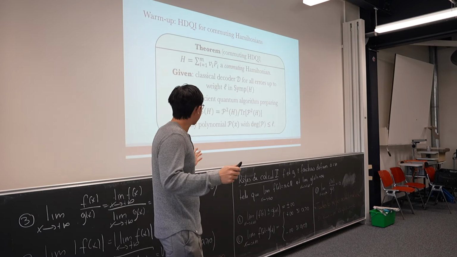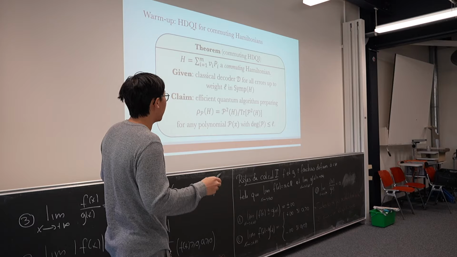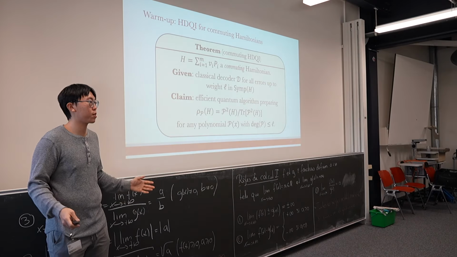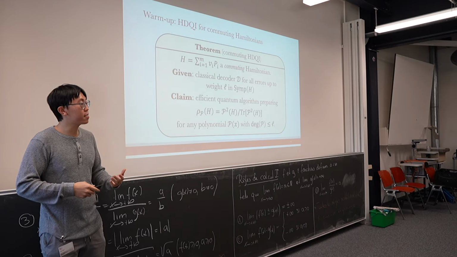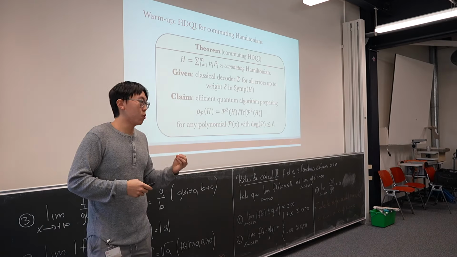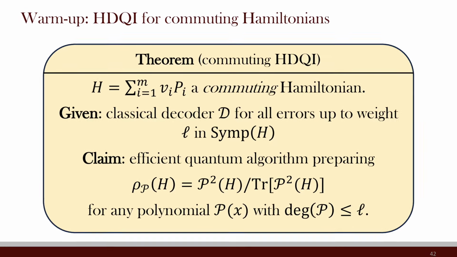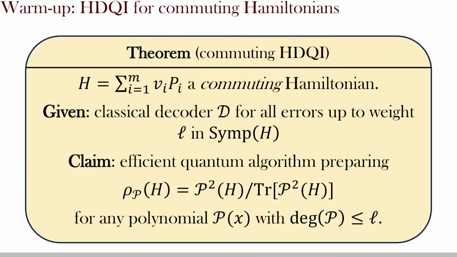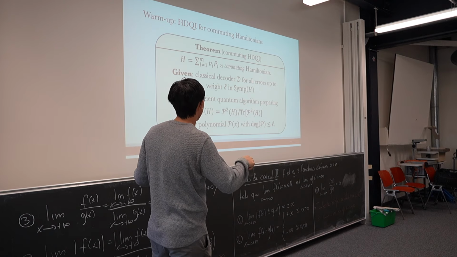So what is the main claim here? Start with a commuting Hamiltonian. From there, I can write down a symplectic code for this Hamiltonian. This is a classical decoding problem. And the HDQI guarantee is, if you are able to find a decoder which can decode all errors in the symplectic code up to weight L, then I can prepare the following state using a quantum algorithm.